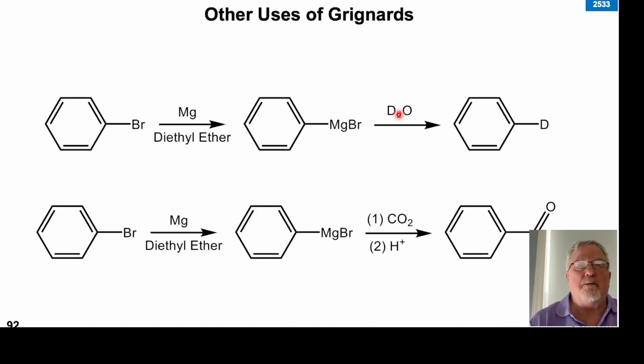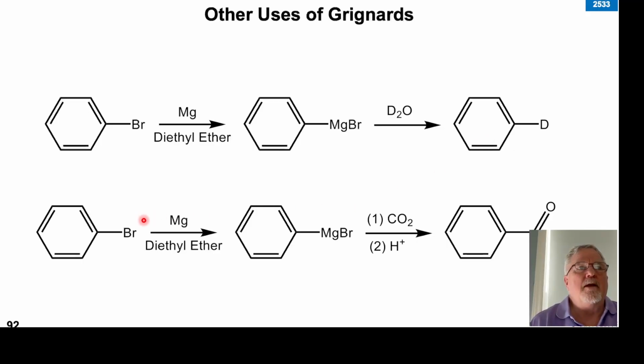Remember, deuterium is just an isotope of hydrogen, but it has a proton and a neutron in it, so it has twice the mass of a hydrogen atom. If we can label things in specific places, we can use that deuterium to figure out what's going on. So we often want to do this.